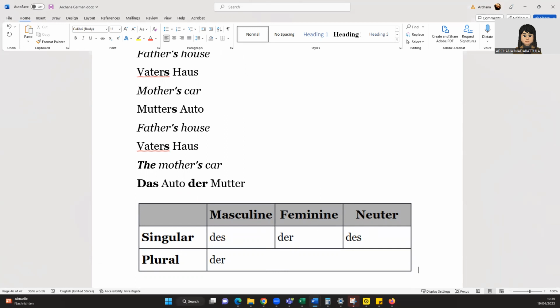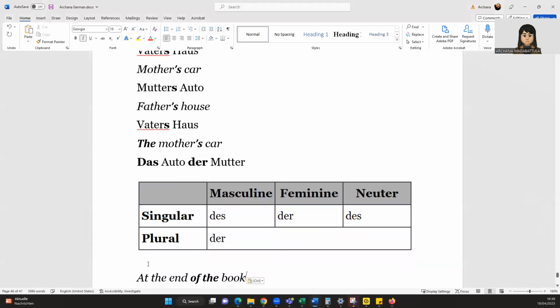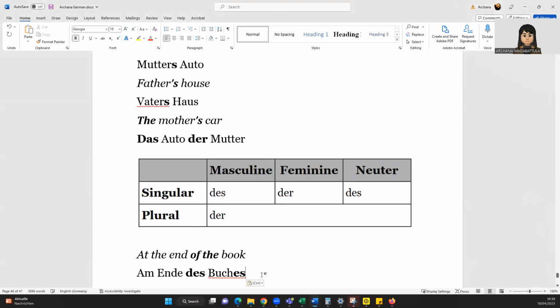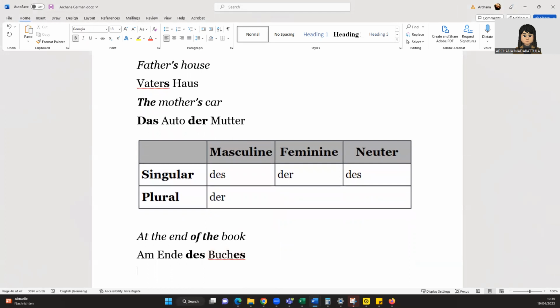Now next, I can also say, at the end of the book. At the end of the book means am Ende des Buches. At the beginning of the word.